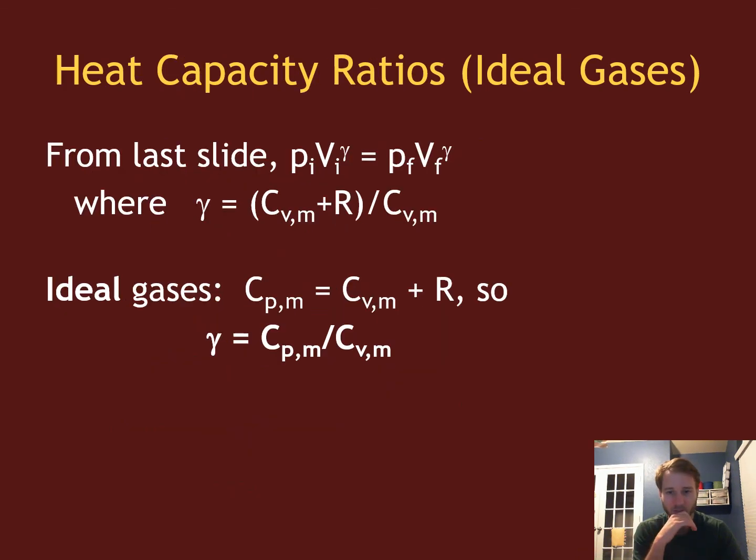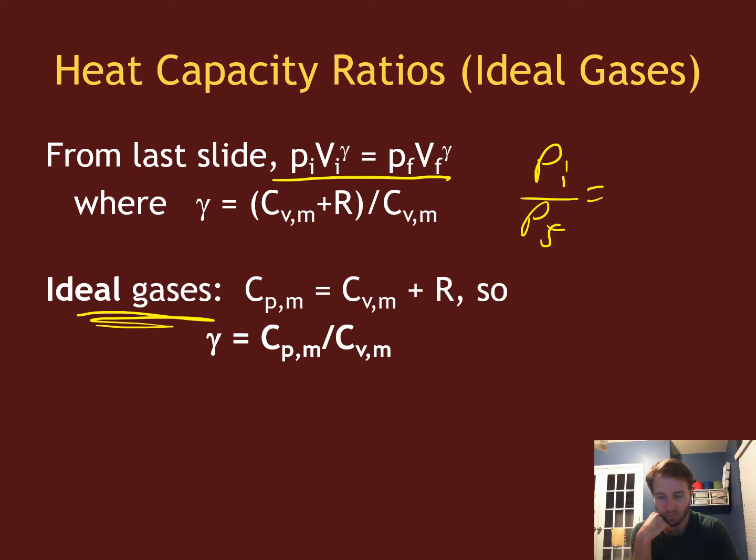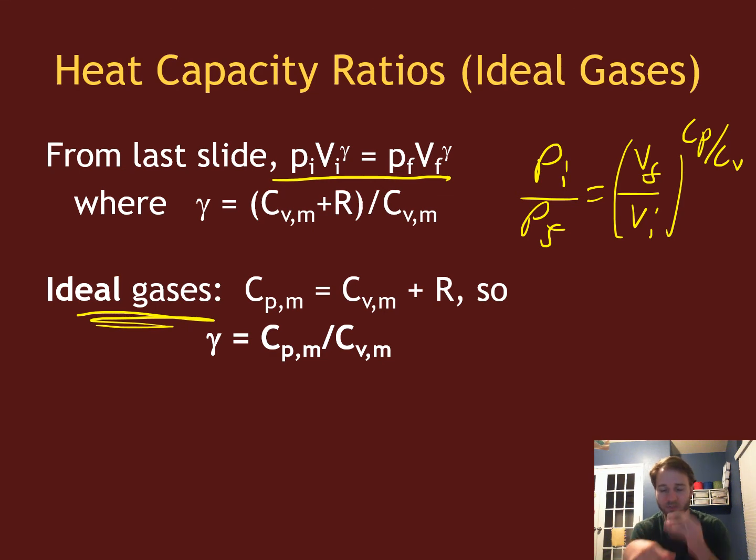This is just rewriting the exact same equation, and we can note here that the molar heat capacity at constant volume plus R is just the molar heat capacity at constant pressure, so gamma is just Cp over Cv for an ideal gas. And so there's this P initial over P final equals V final over V initial to the Cp divided by Cv. That's what that simplifies down to, okay? And so that's how I can get my pressures from my changes in volumes.